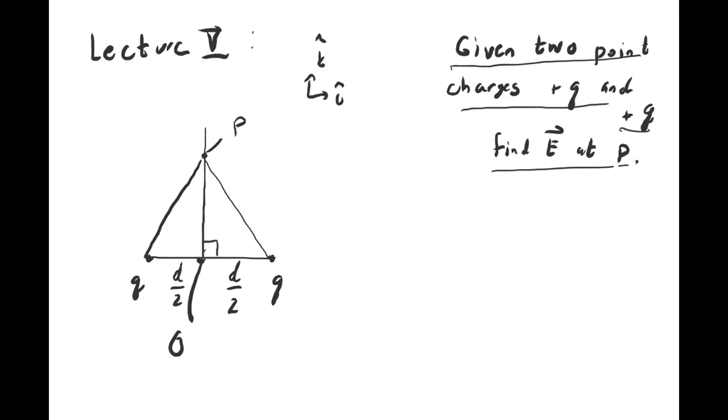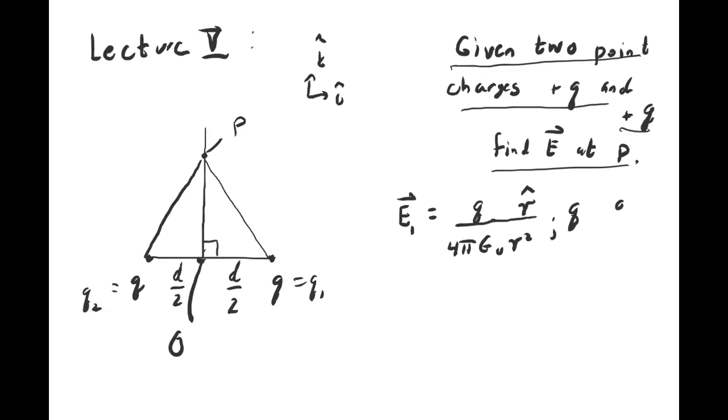So let's call this charge Q sub 1. Let's call this charge Q sub 2. And the genesis of the solution is just realizing that the principle of superposition is in play. Just calculate the electric field due to Q sub 1, calculate it due to Q sub 2, again, acting at point P, and add the results together. Well, we went ahead and did this problem. And we wrote down this expression, Q over 4 pi epsilon naught R squared times the unit vector R hat. And again, in this particular problem, Q was Q sub 1.